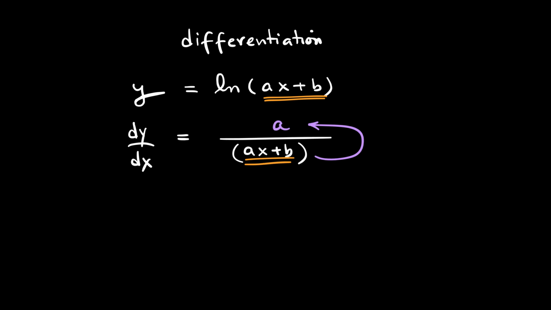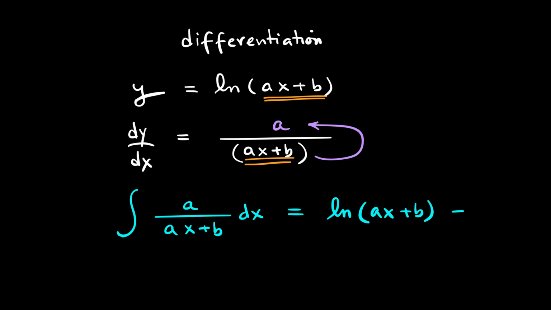That means if I want to integrate an expression of this form, a over ax plus b dx, the integral should be ln|ax + b| plus a constant of integration c. We put the sign for modulus because log only exists for positive values.